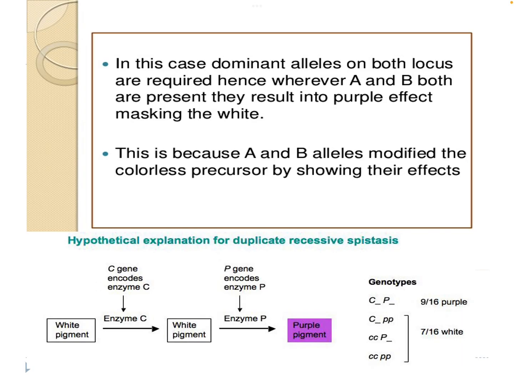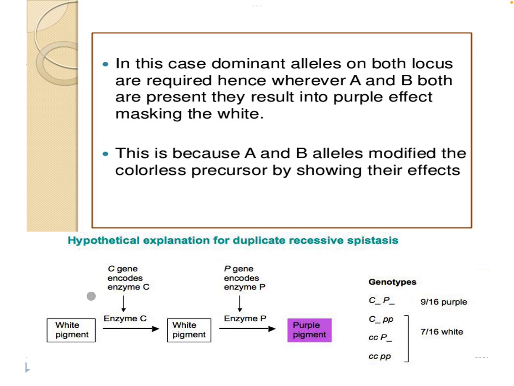Again, just to reiterate, in this case the dominant alleles on both loci are required. Hence, wherever A and B are both present, they will result in a purple effect masking the white. This is because the A and B alleles modify the colorless precursor by showing their effect.